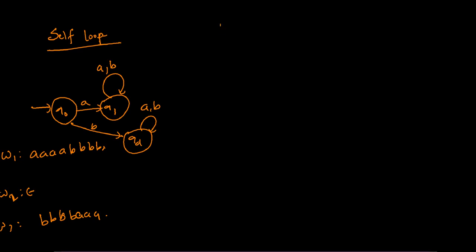So in case of W1, which is A, let me take some good space, considerable space between the symbols. So in case of W1, let's say this is your A, B. Okay.